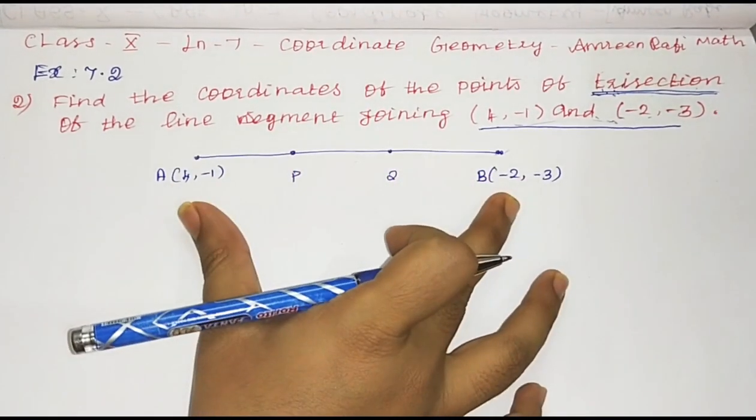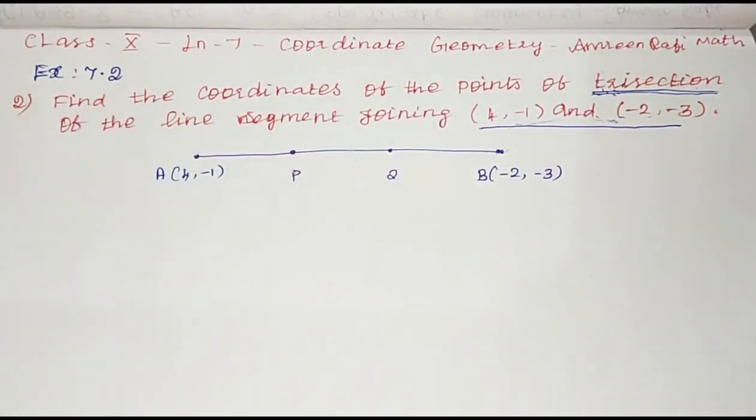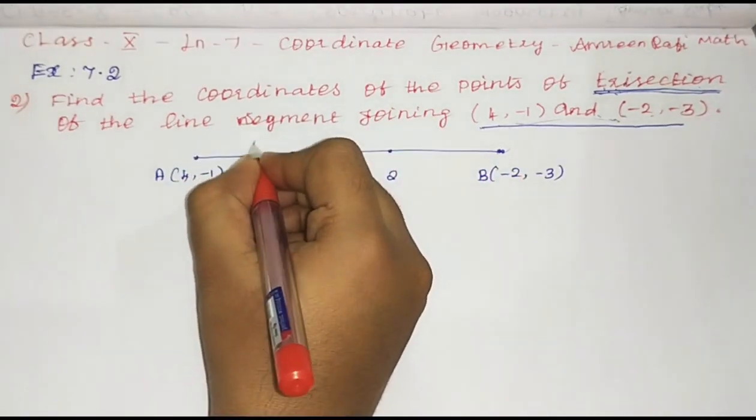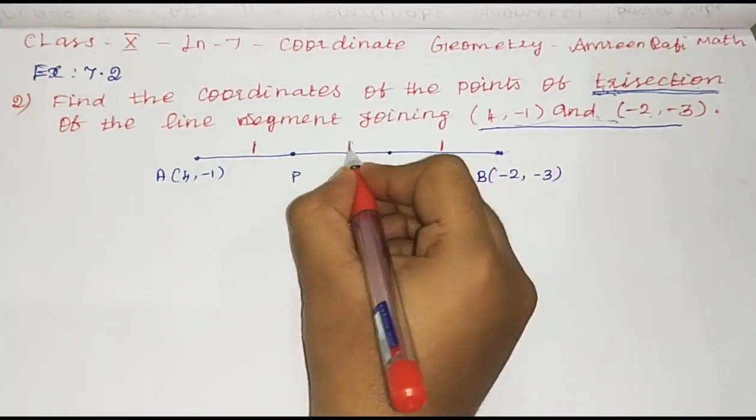So a line is divided into 3 sections. All the sections are equal. Already you know trisection means all the sections are equal. So for the ratio we can write 1, 1, 1.